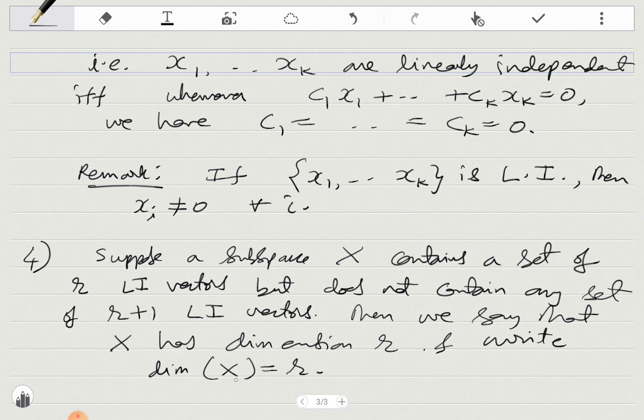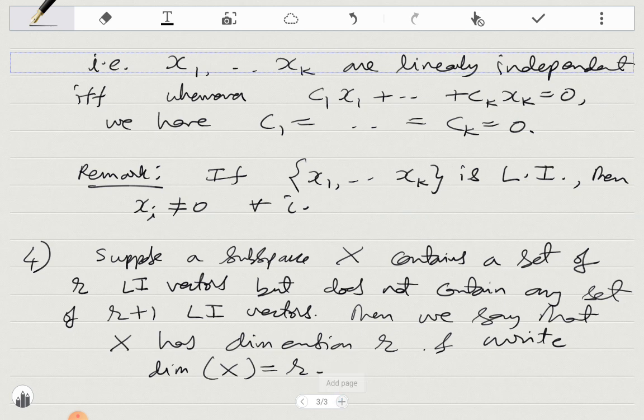Well, usually dimension is defined in terms of a basis, the number of elements in a basis, but this way of putting it can be checked to be the same as the basis definition of dimension.